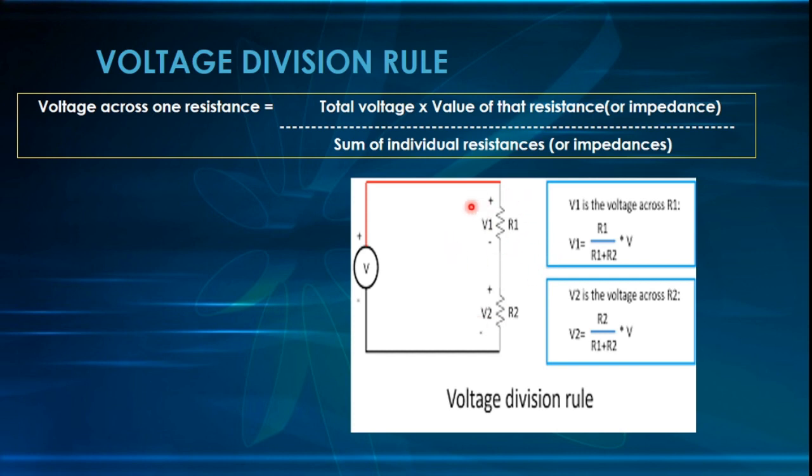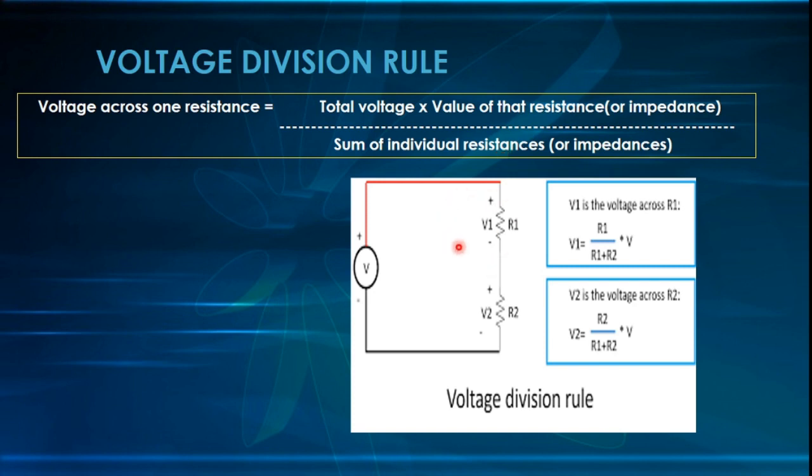If I calculate the voltage V1 across R1 and V2 across R2, then according to the voltage division rule, the voltage across one resistance is equal to the total voltage times the value of that resistance, which means the resistance where I am measuring the voltage, divided by the sum of the individual resistances.